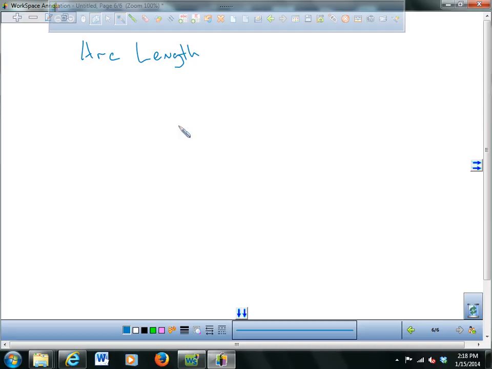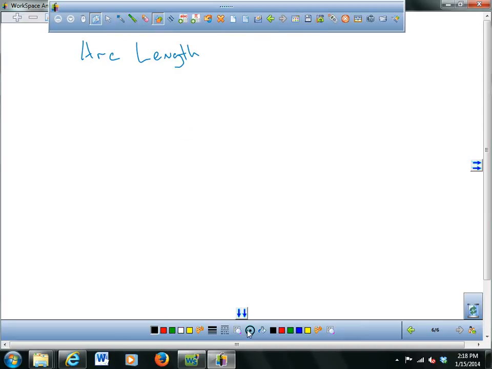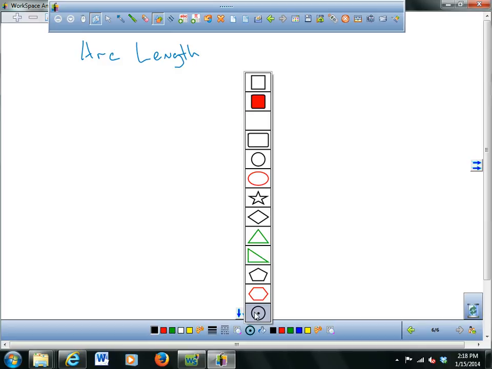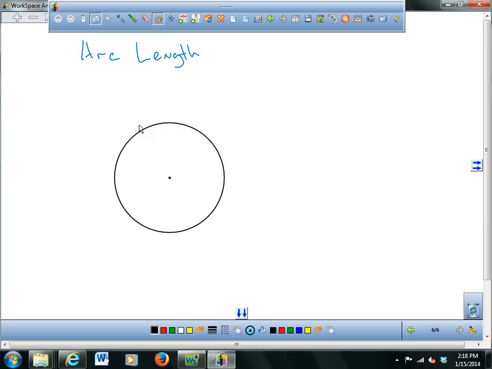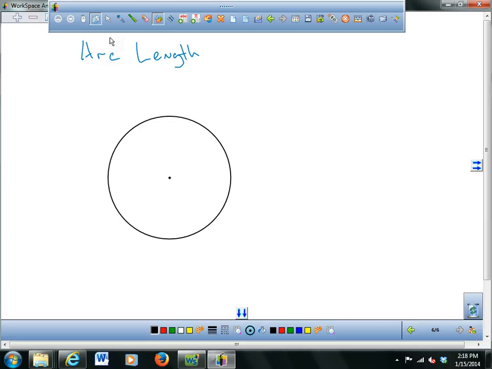Art length. So we've talked about the measures of arcs. This is arc length. So if you have a circle, which you will, and say you have something that looks like this from here to here, and from this to here, let's make it different.